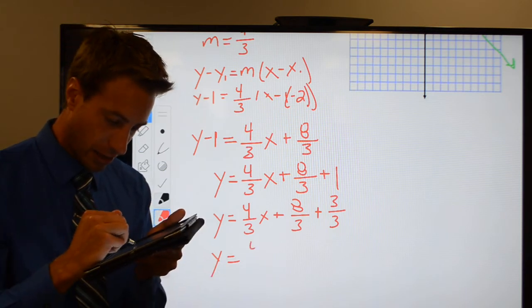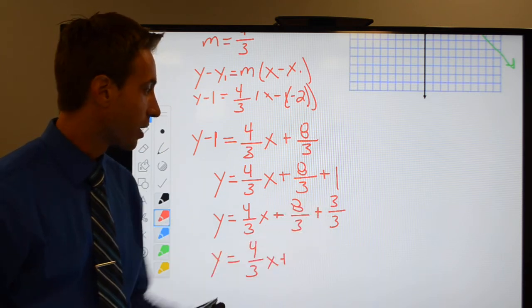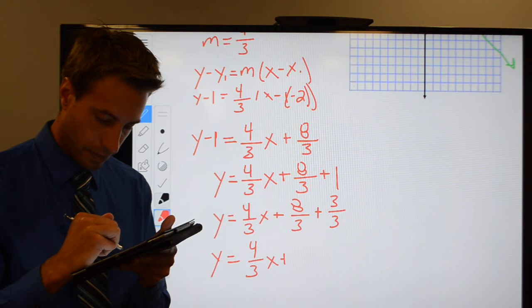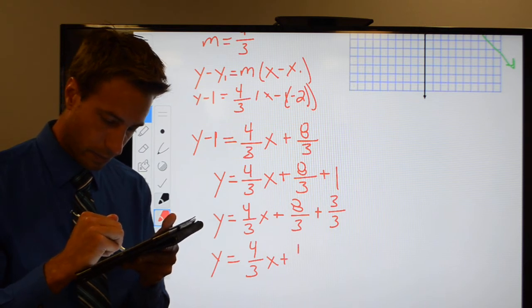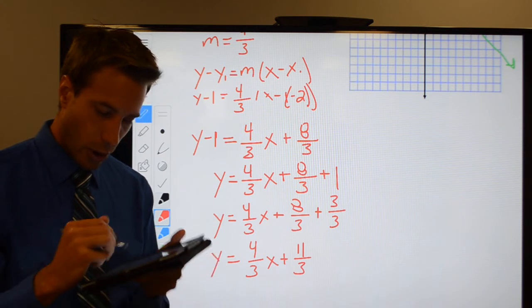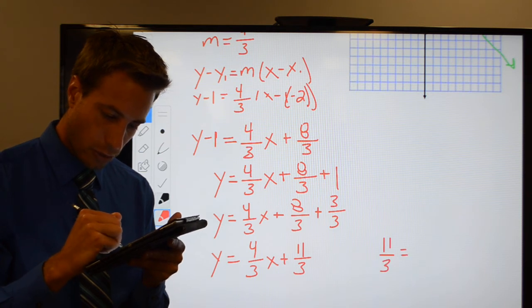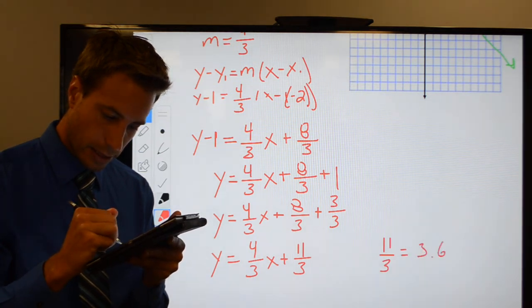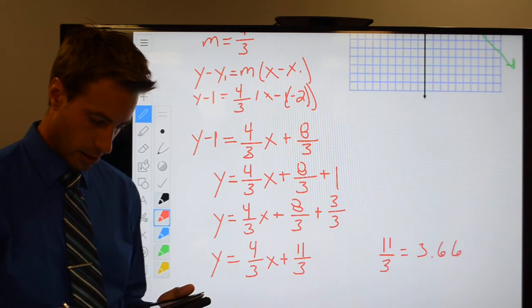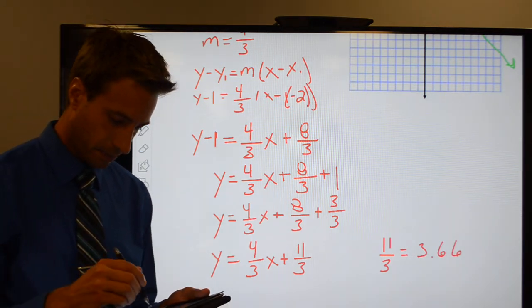Now it's a positive 11/3 though. So this is going to be 4/3 x plus, right? 8 plus 3 is 11. 11/3. Okay, great. Well, we just said that 11/3 is equal to 3.66.